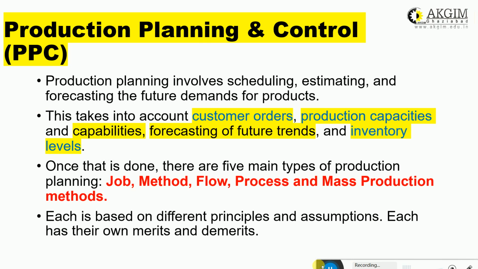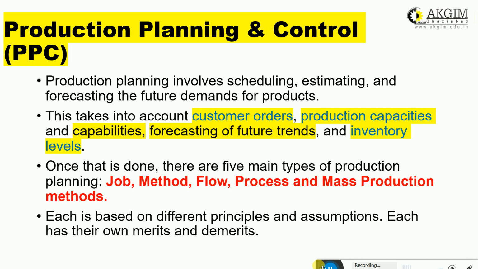This takes into account the customer orders, production capacities and capabilities, forecasting for future trends and inventory levels. This is a technique which is very essential for modern day manufacturing operations, as it establishes the groundwork for how production should be running and identifies the areas where productivity is lacking.